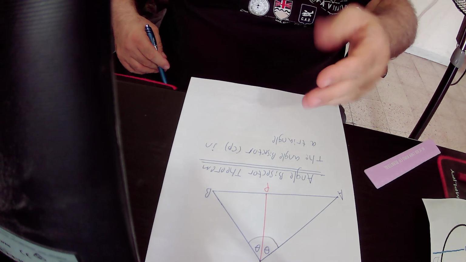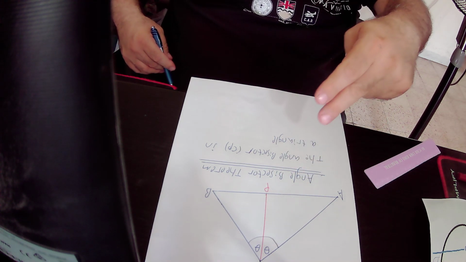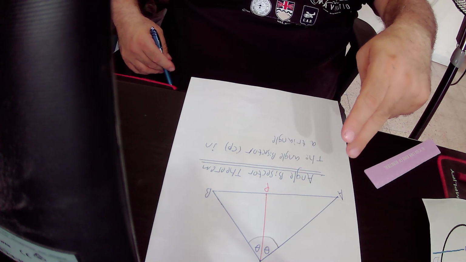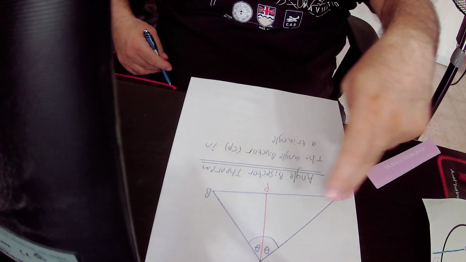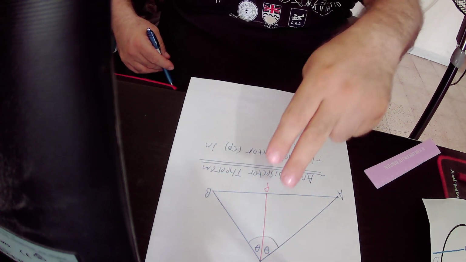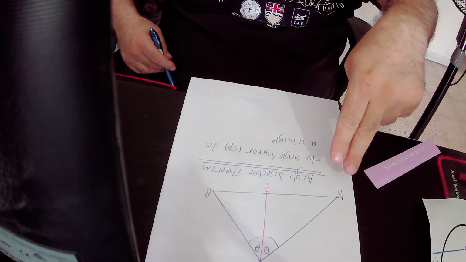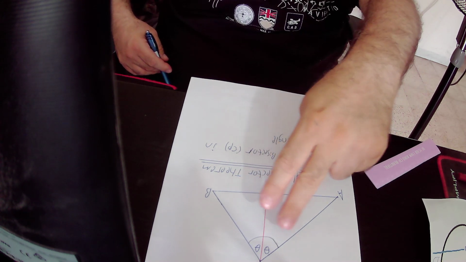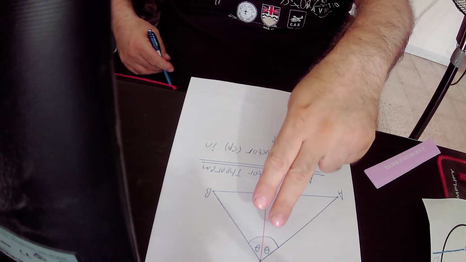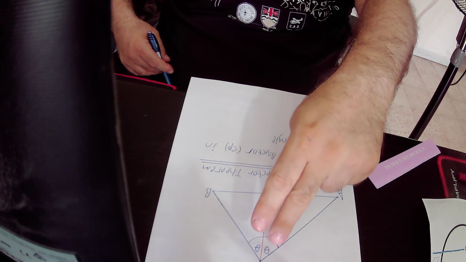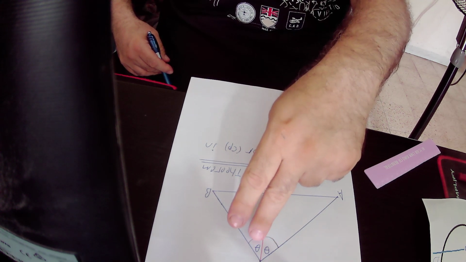And as I have already mentioned, CP is the angle bisector of angle ACB because it divides angle ACB into two equal parts, because this angle is theta and this angle is also theta.